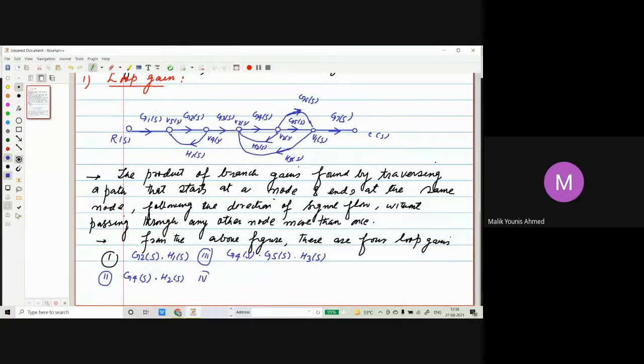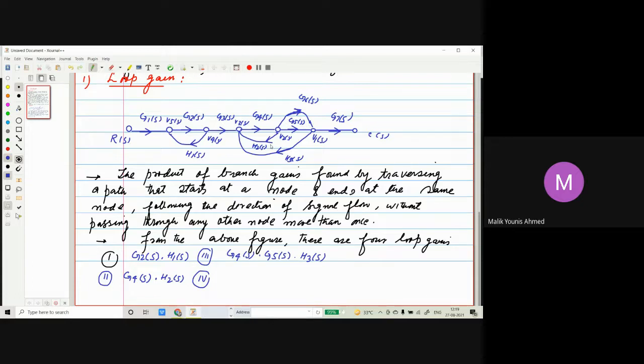Now let's see the fourth. The fourth will be, you can see here, G4 and then H2. That's finished already. G4, then you can move in this direction, G6, and then come back to the same node. I think we have written it wrong. What's this?